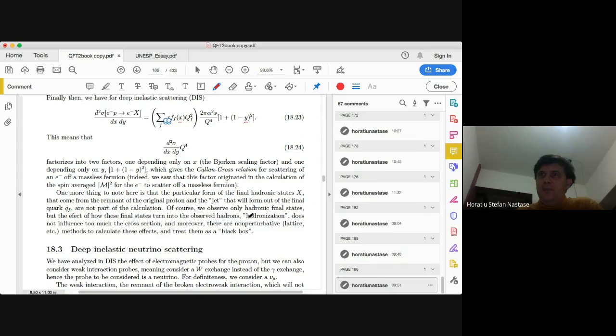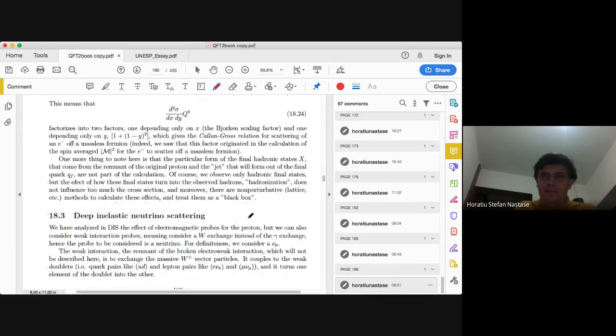It contains part lattice, part experiment, and is tuned to agree with some base experiments, and then it is used for others.